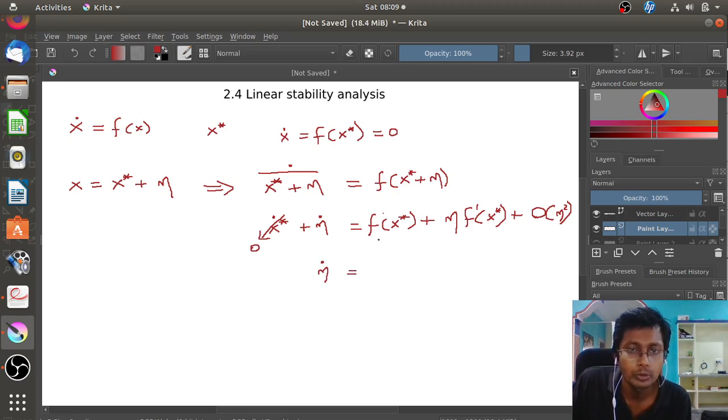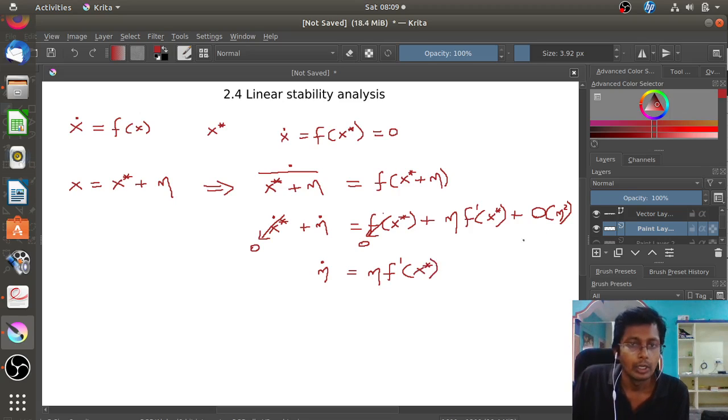And what about this term, f of x star? This will also go to 0, because that's the definition of a fixed point, isn't it? So I will have only this term, eta times f prime of x star, and plus the higher order terms.